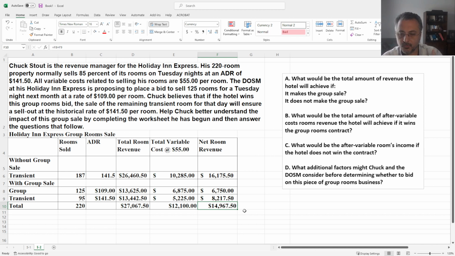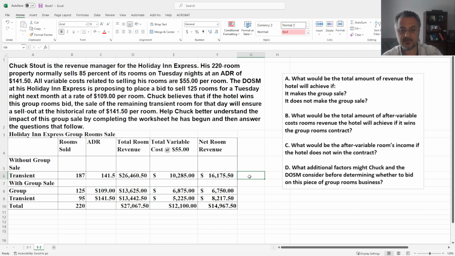So if you look at it this way, is it a good idea to go with the group sale? Apparently not, right? And the assumption here is that Holiday Inn Express is a limited service property. Because of that, they heavily rely on net room revenue only. So in this case, without group sales, they generate more money.